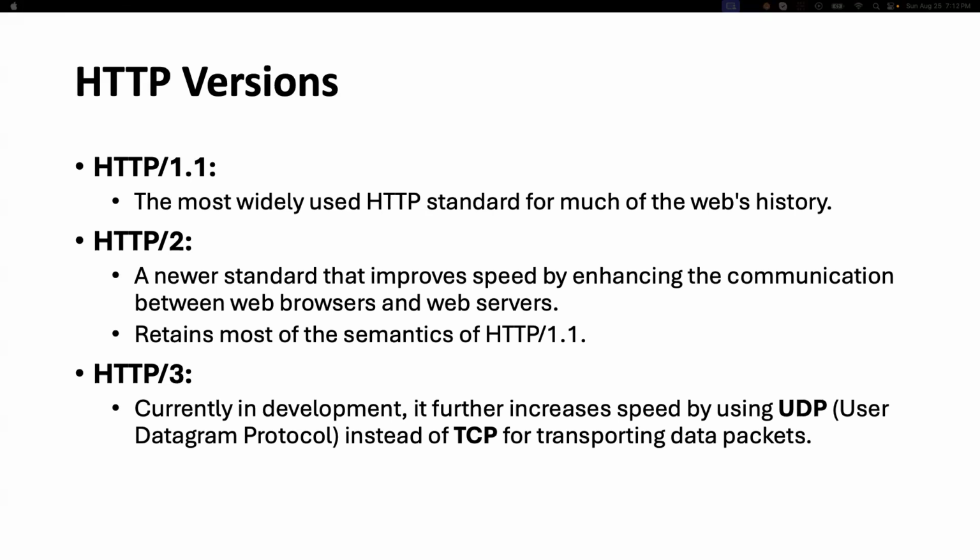HTTP 2 maintains the core concepts of HTTP 1.1, but enhances the speed of communication between browsers and servers, making web pages load faster. Looking ahead, HTTP 3 is currently in development and promises even faster communication by using a different underlying protocol called UDP instead of TCP. But for now, we'll focus on the basic HTTP workings that are common across all these versions.